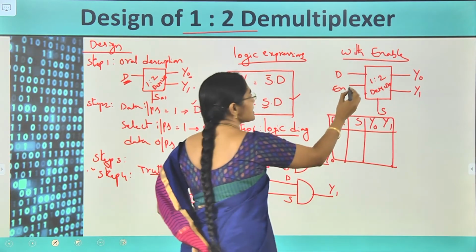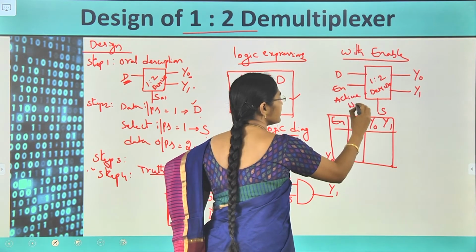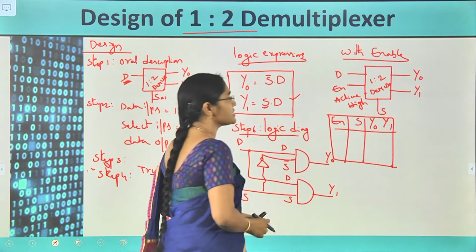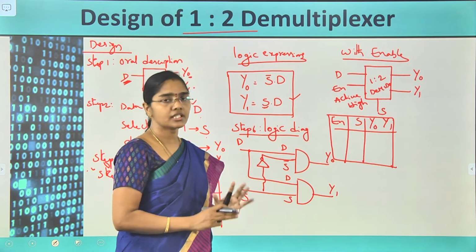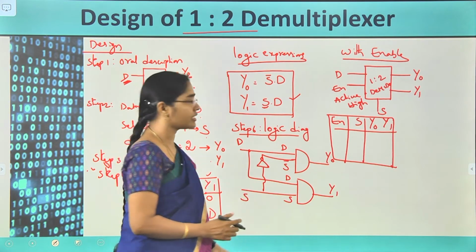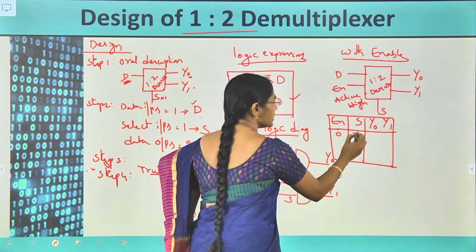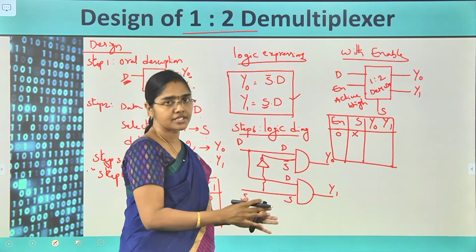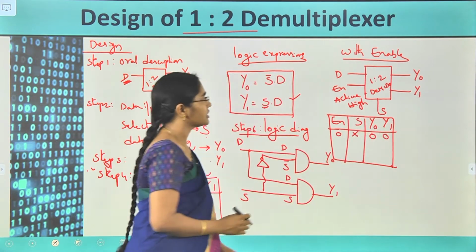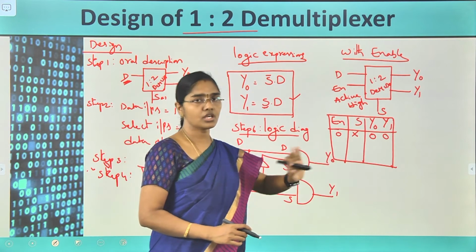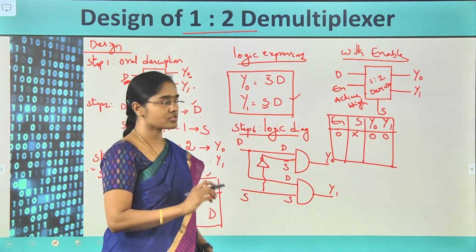If this enable signal is active high, then whenever enable is equal to logic 1, only then is this demultiplexer going to work, otherwise the output is invalid. So, if the enable pin is equal to 0, irrespective of the selection signal value, the outputs are 0. That means the data input is not passed to the outputs. The outputs are invalid, represented as zeros there.